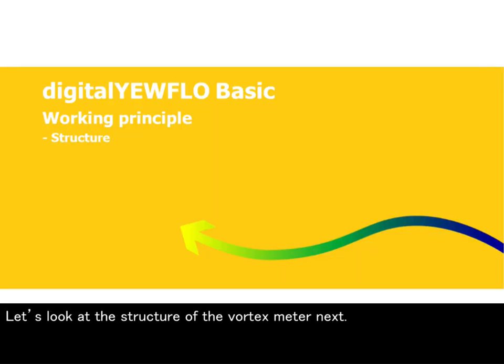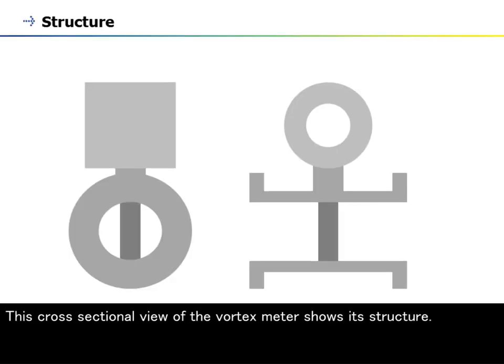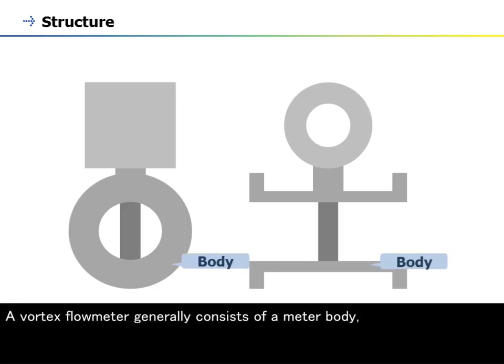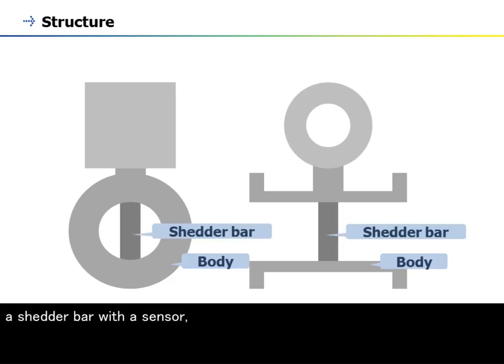Let's look at the structure of the vortex meter next. This cross-sectional view of the vortex meter shows its structure. A vortex flowmeter generally consists of a meter body, a shedder bar with a sensor, and converter electronics.